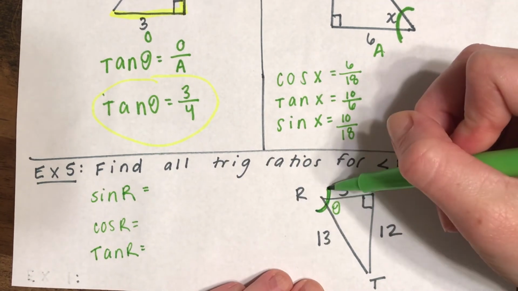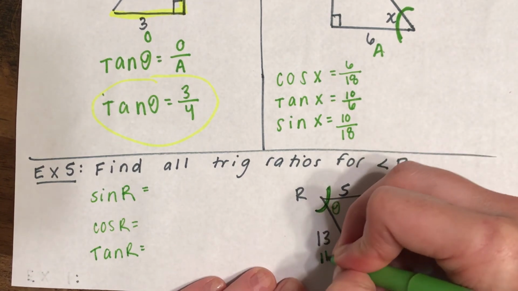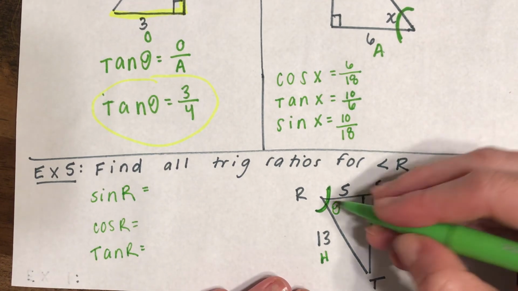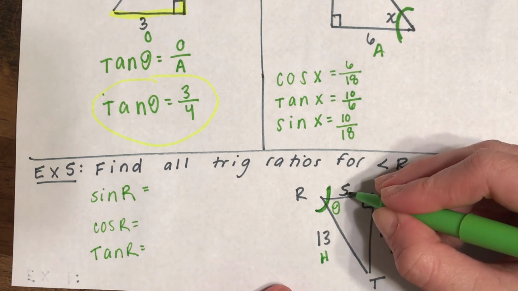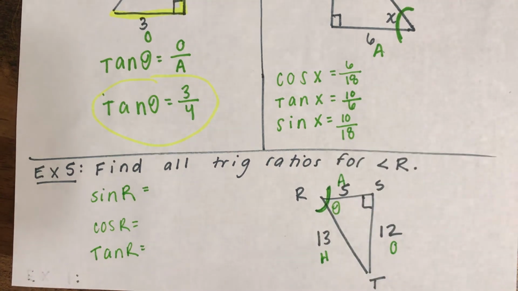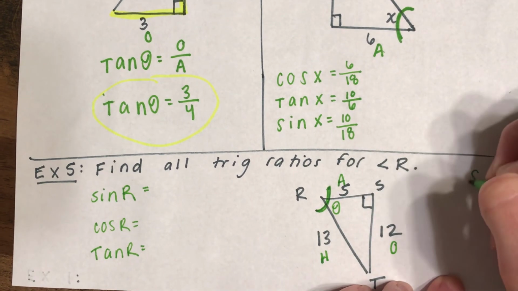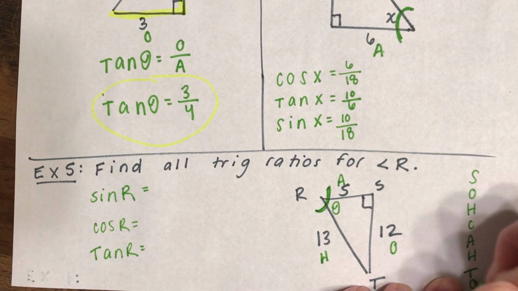So in my diagram, since R is my reference angle, 13 is the hypotenuse, 12 side ST is opposite of theta, so that is my O. And then 5, I know that kind of looks like an S, but it's a 5, is the adjacent side. Okay? So sine, remember, SOHCAHTOA.